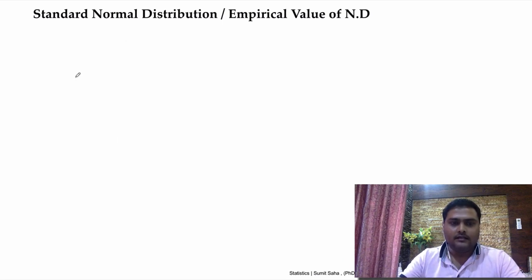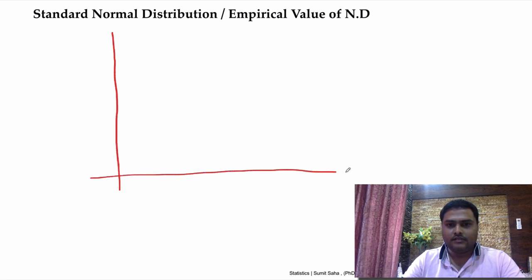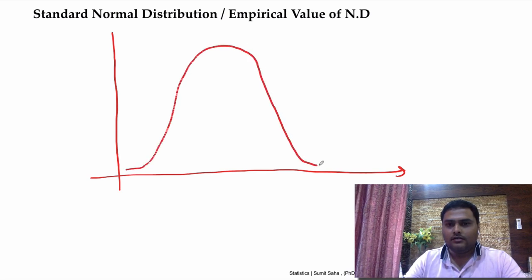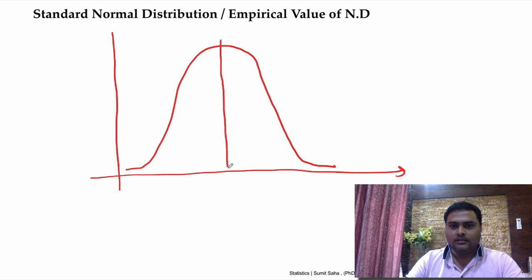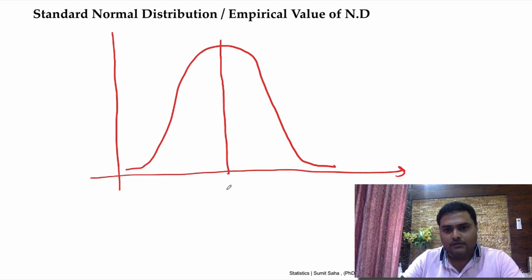So as I said, what I am going to understand is that all the data are falling under this normally distributed curve. Now initially for the normal distribution, I said this is the mean value.